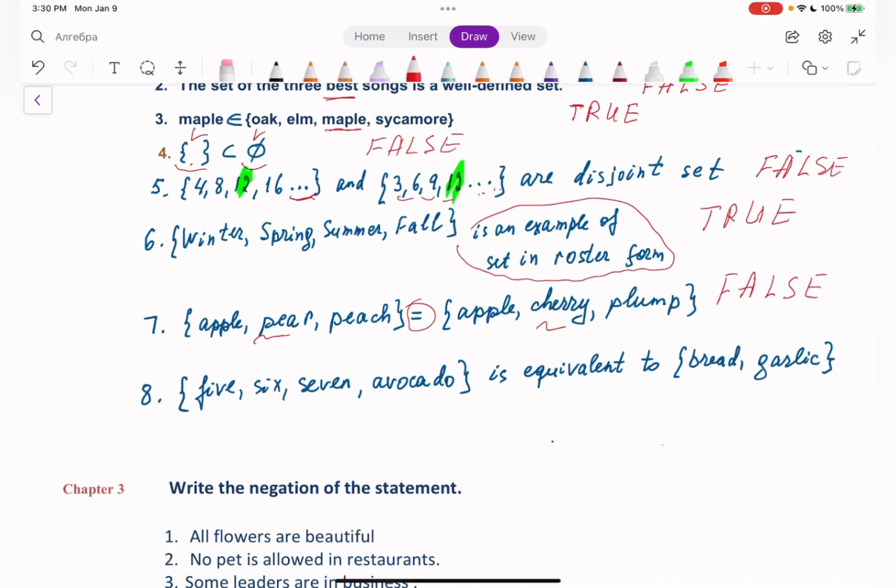In this case, in my case, it's not equivalent. Equivalent would be if the number of elements in one set were equal to the number of elements in the other set. So let me show you. If I would, let's say, clean the garlic and add here, let's say, onion. And 1, 2, 3, I need 4, onion, and then what? Potato.